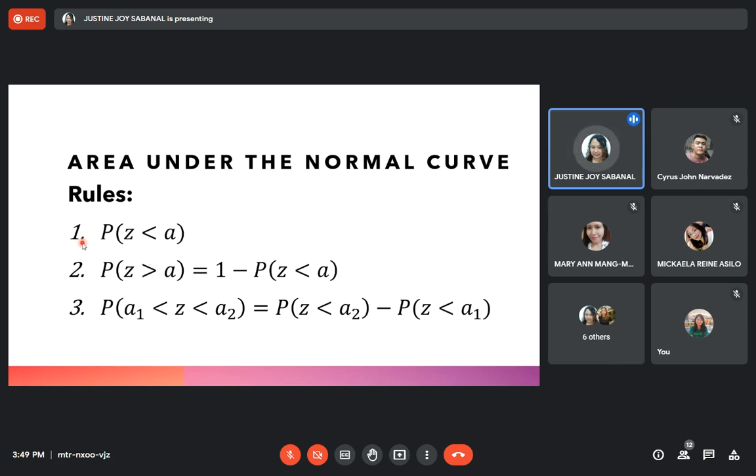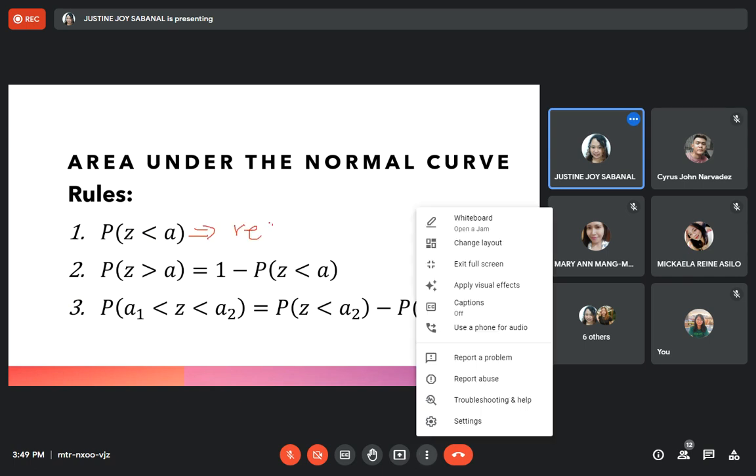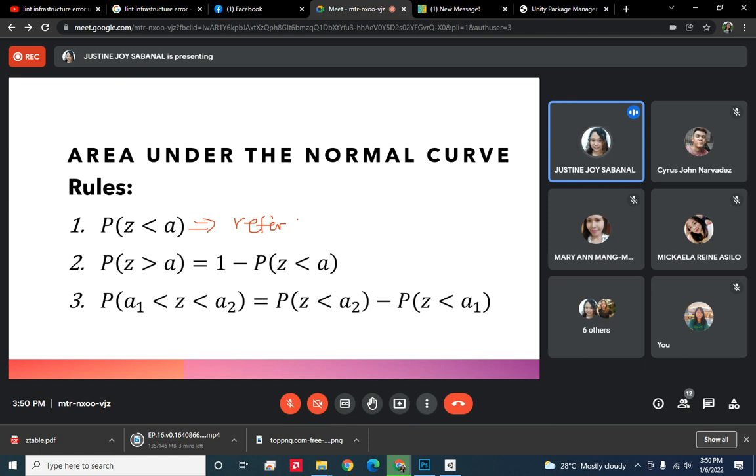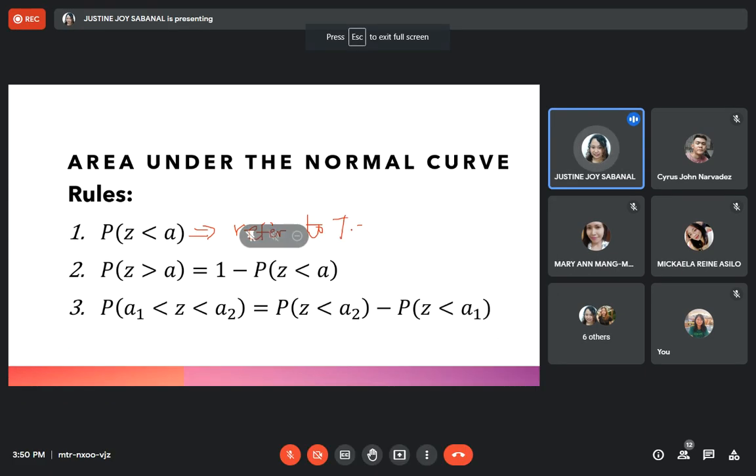So, for number one, if the statement is to determine the area to the left of Z po, all you have to do is to refer or to use the table.